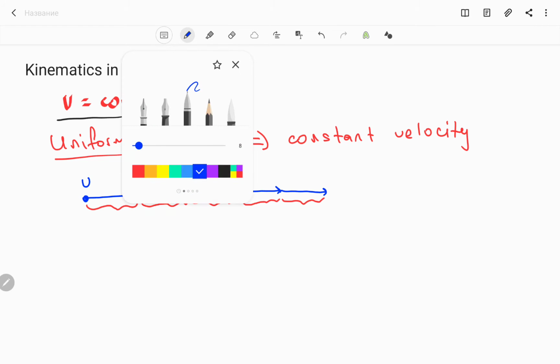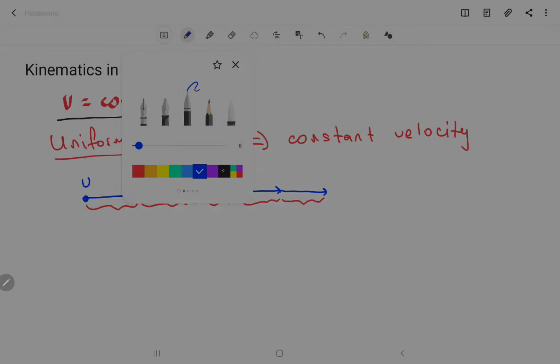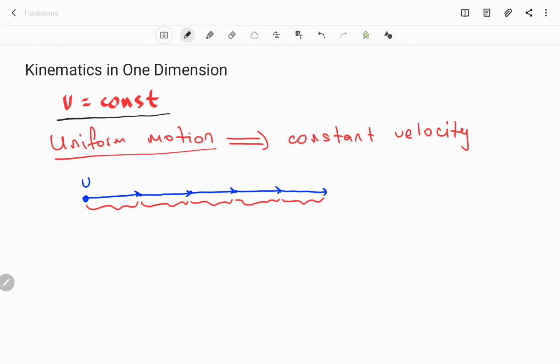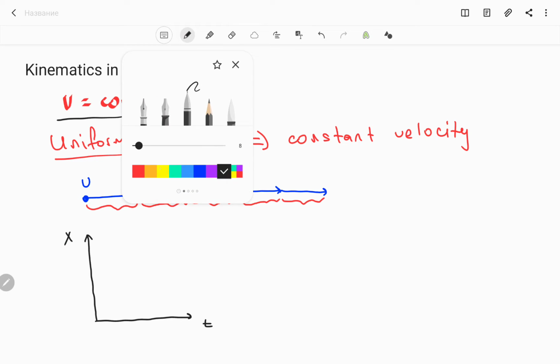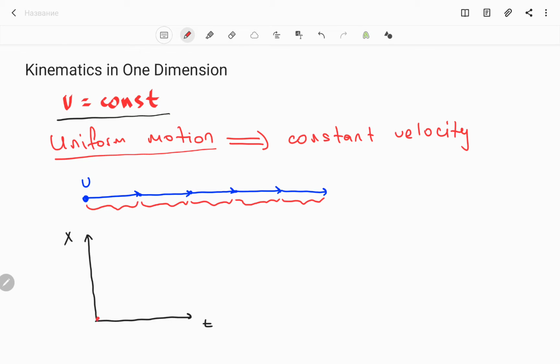You can also explain in terms of graphs. So let's draw the position graph, position versus time. So x. Let's say the initial position was 0. After some time the position becomes, for example, 1. After 1 more second it becomes 2. After 1 more second it becomes 3, etc. So this is how you need to draw the graphs.